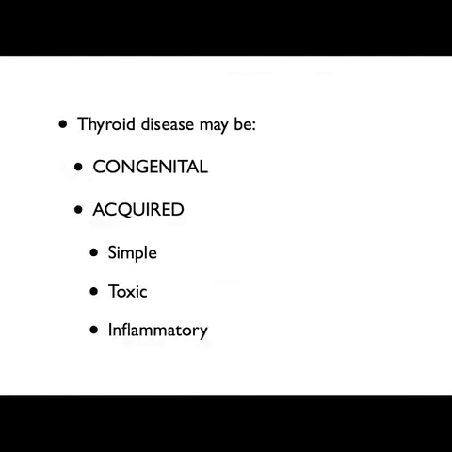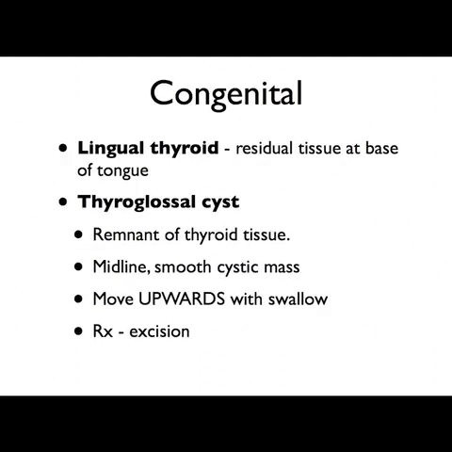Okay, so we're going to split thyroid disease into congenital and acquired. Acquired, we're going to split further into whether it's simple, toxic, or inflammatory in cause. Congenital things include a lingual thyroid. This is residual tissue at the base of the tongue, which you can see when you're examining the mouth during your neck examination.